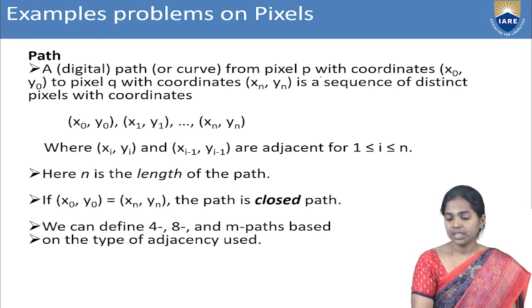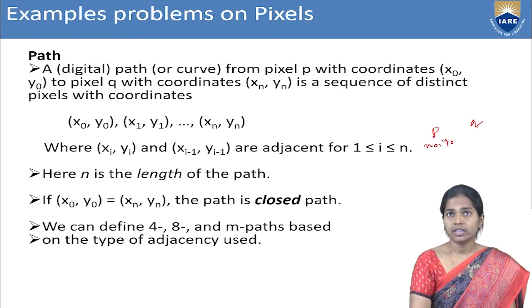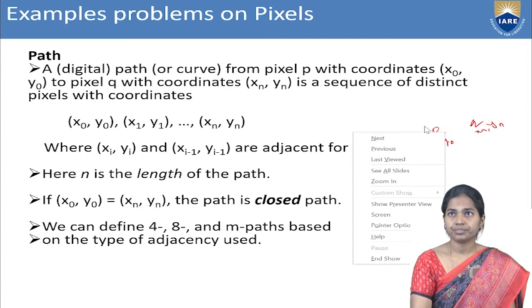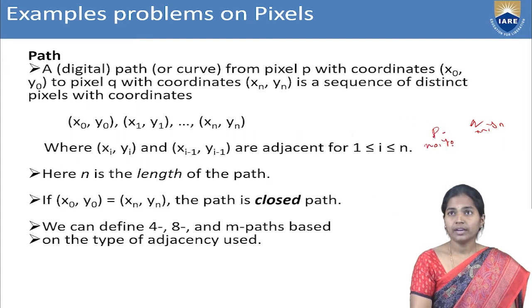So p and q: this is my starting location, x0 and y0, and how to reach xn and yn. When x0, y0 equals xn, yn, both are equal, it is a closed path.